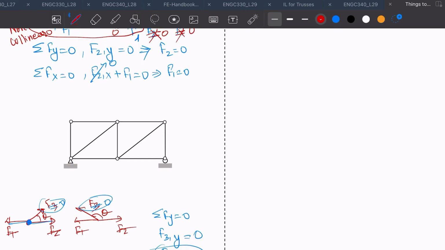If you look at this truss, you first have to draw all the directions of your support reactions, and then you look here, you have 1, 2, 3, 4, 5, and we don't know which one will be zero force member. But if you look at this joint, you see that it has two forces, and because they are not collinear, then we say this is equal to 0.